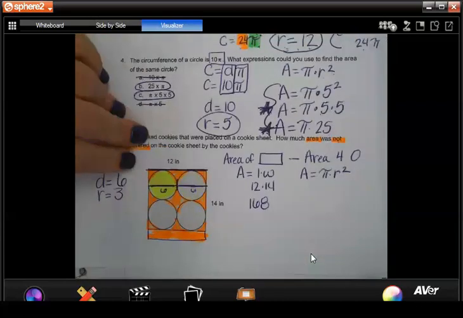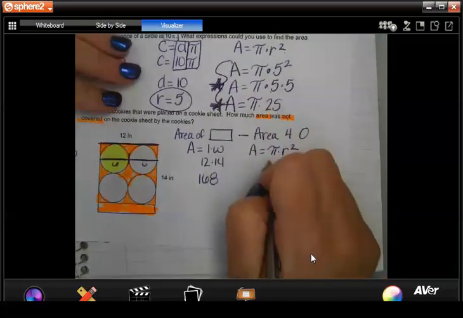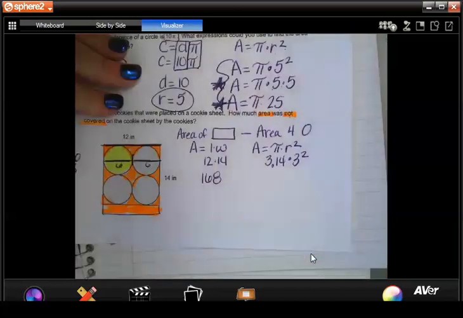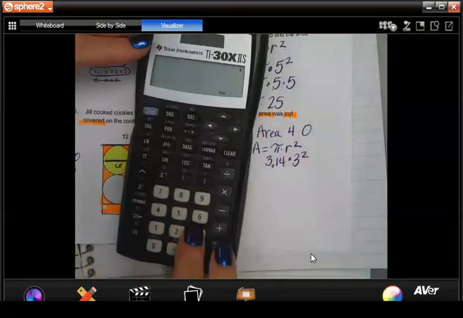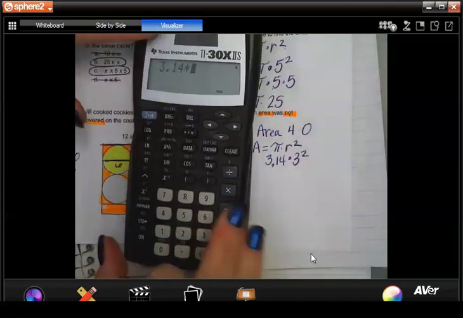So let's find the area of that one circle. We're going to use 3.14 for pi times 3 squared. Okay, so 3.14 times 3 squared, which is 3 times 3, which is 9.